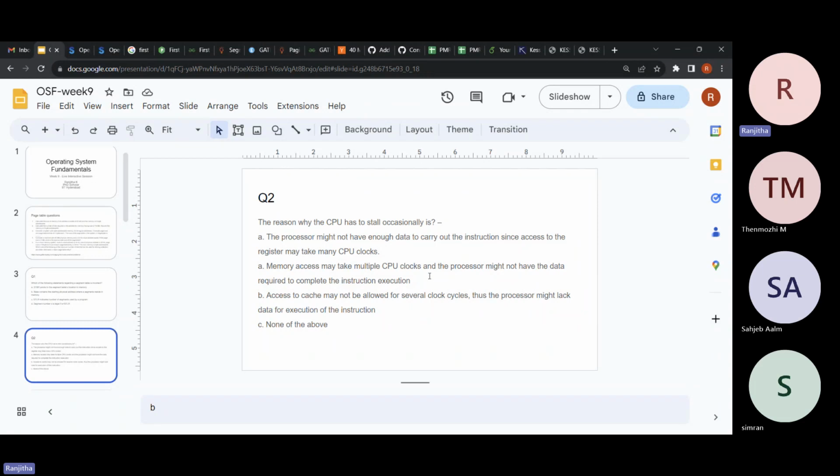B, access to cache may not be allowed for several clock cycles, thus the processor might lack data for execution. And C, none of the above. So can you type in your answers which you think is right? Then we can discuss. Or you can unmute and speak as well.